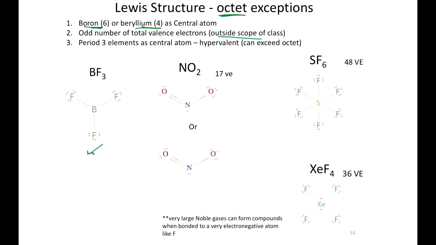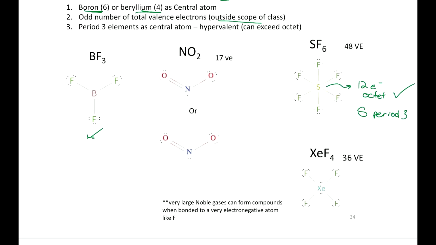So if we look at the sulfur atom, there's 1, 2, 3, 4, 5, 6 chemical bonds to that sulfur atom. This sulfur has 12 electrons in its octet. That's okay because sulfur is a period 3 element. Same thing for here, XeF4. This XeF4 has 1, 2, 3, 4, 5, 6, 7, 8, 9, 10, 11, 12 electrons also in its octet.